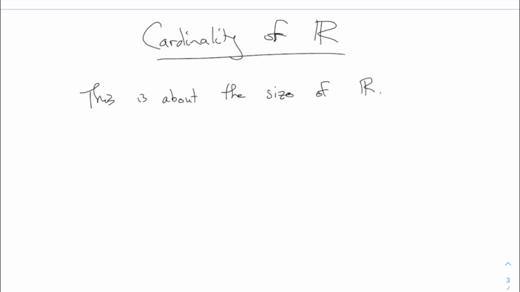How many natural numbers are there? Also infinitely many. This is not a trick question. So, does that mean that there are the same number of natural numbers as there are real numbers? I don't know. It seems to me there are more real numbers than natural numbers, because I can draw a picture.